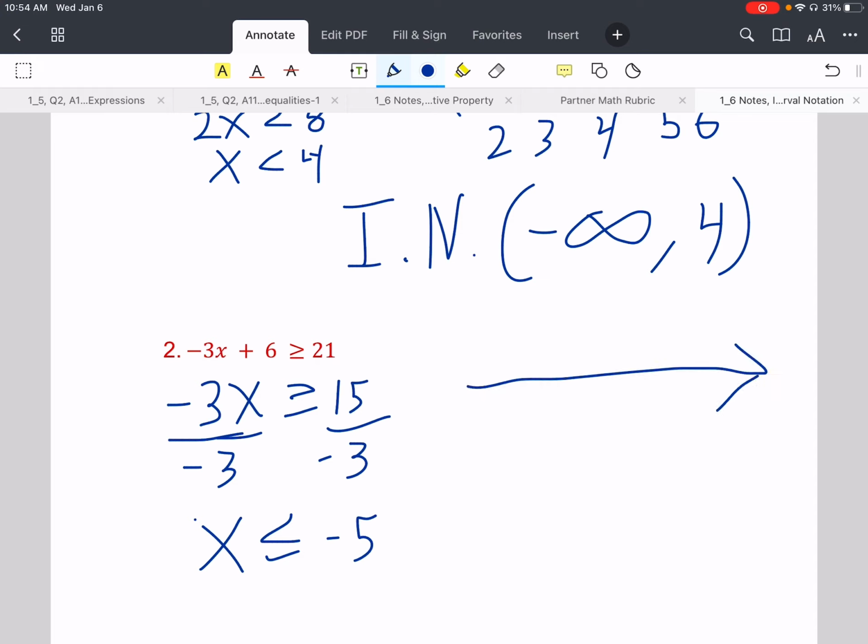Number line here, negative 5, negative 4, negative 3. That is not a negative 2. It's a negative 6. And negative 7. We finally have a filled in circle because it's less than or equal to. We are shading to the left.